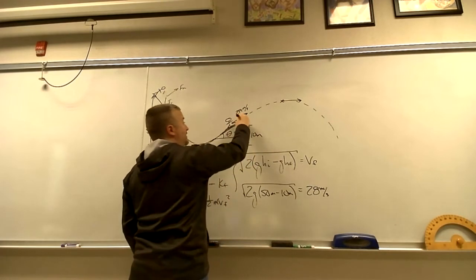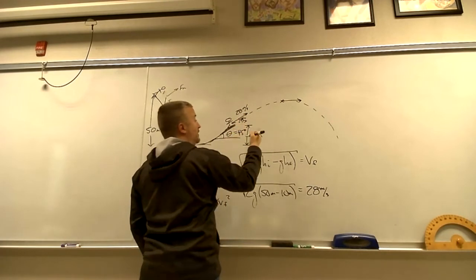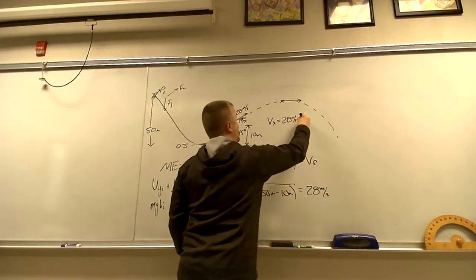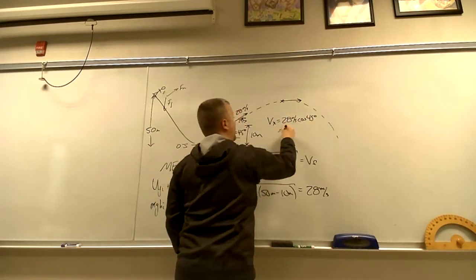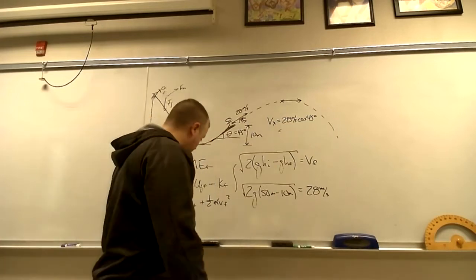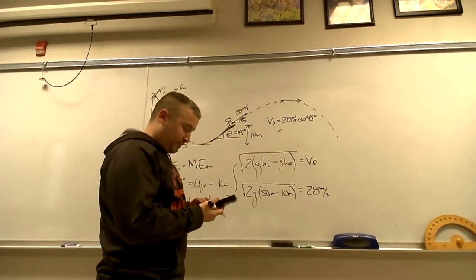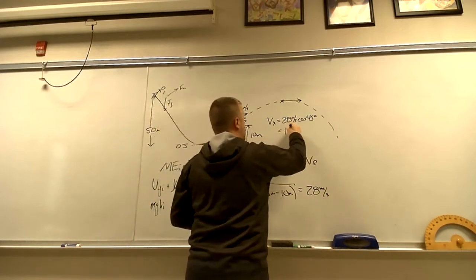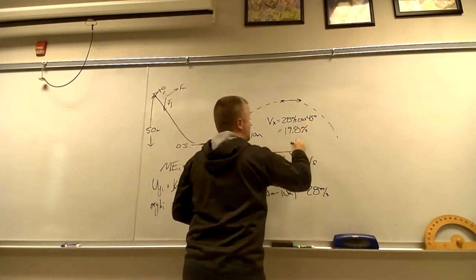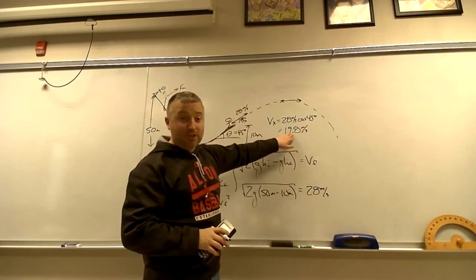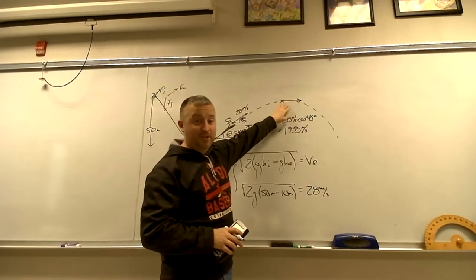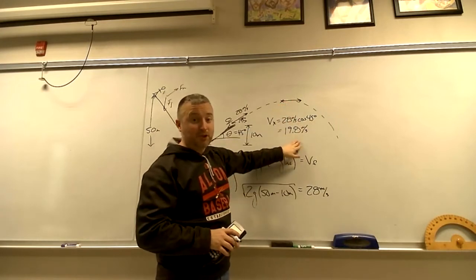So I'm going to do trig because I know that's 45 degrees. The velocity in the x is 28 meters per second cosine of 45 degrees. Punch in the calculator, and we get 19.8 meters per second. Since it's only in the x here, and it's going to stay the same up there, that's how fast they're going at the top, 19.8 meters per second.